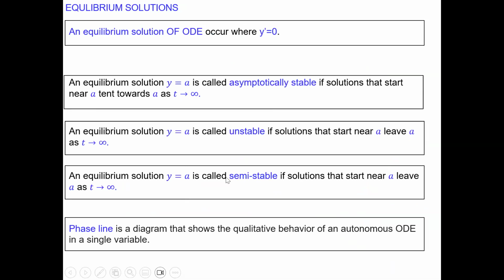We also have a semi-stable solution, because it can start near A, which means it will approach A, but then it will leave, it will go away. We will do all of these examples. Now, what is helpful is something called a phase line. A phase line is a diagram that will actually show us this stability.